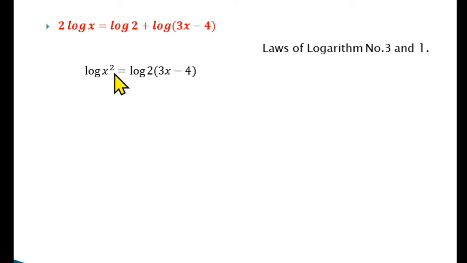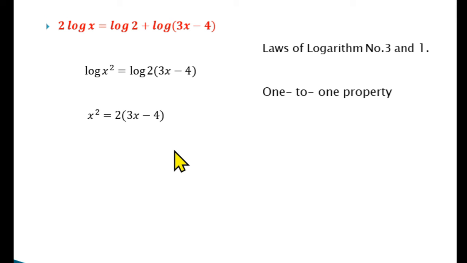Then applying the first law of logarithm, your addition becomes multiplication, so we have the logarithm of 2 times the quantity 3x minus 4. Now we can see that our logarithms have common bases. So since they have common bases, we can apply the one-to-one property, disregard our logarithms, and bring down x squared equals 2 times the quantity of 3x minus 4.